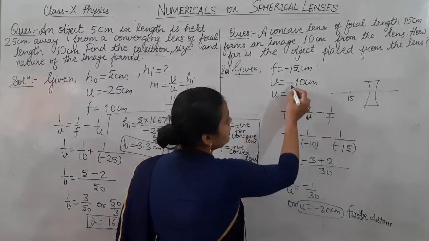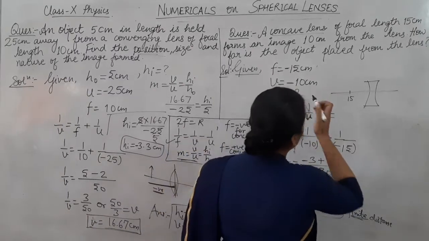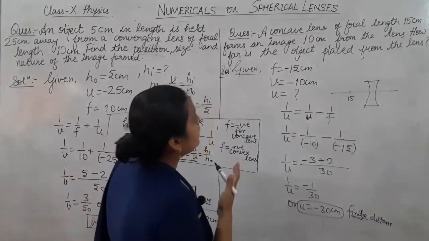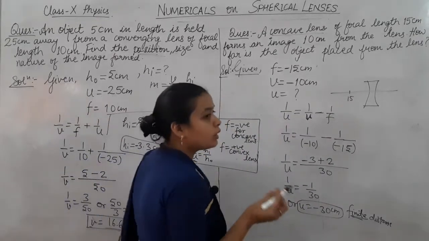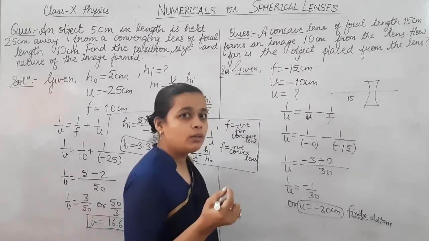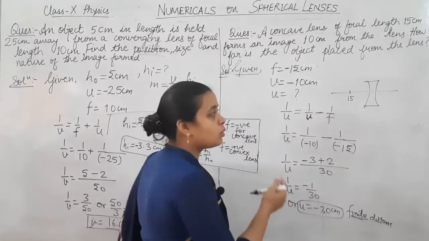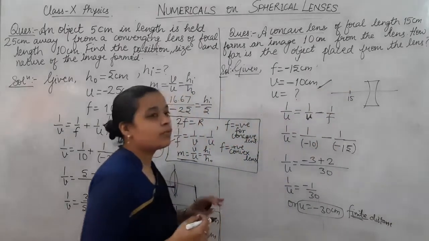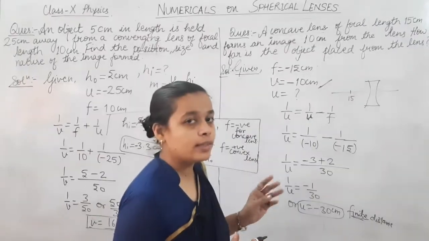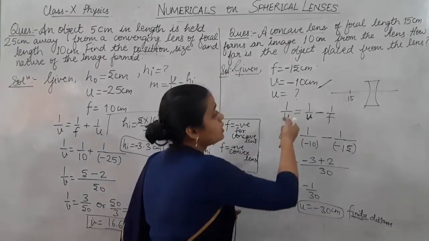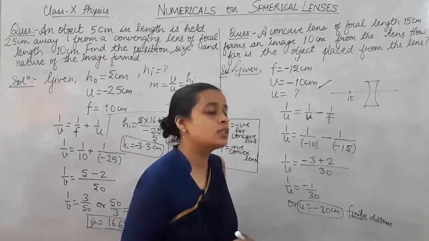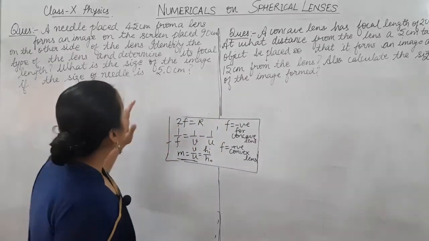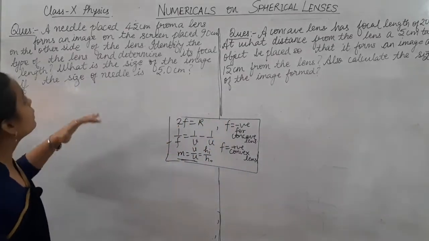That's why this negative sign in the value of 10 centimeter has been taken. Nothing else has been asked in this question. Just the main point to be remembered in this question was why and how we have taken v equal to minus 10 centimeter. If you do not take it as minus 10 centimeter, your numerical is going to go wrong.